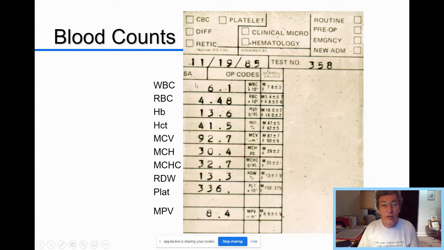In the old days, that actually would be printed out, and you could be handed a slip with the white count, the red count, hemoglobin, hematocrit, mean cell volume or size of red cells, mean cell hemoglobin, etc. And the platelet count was included as well.